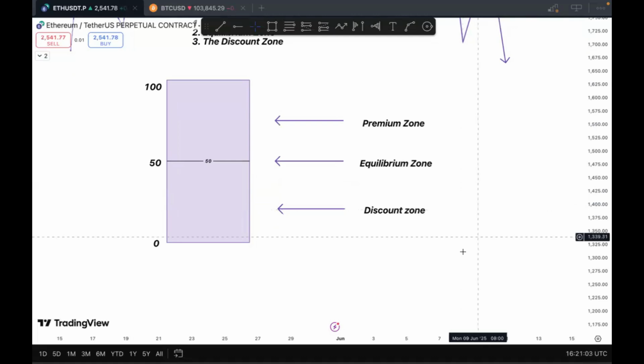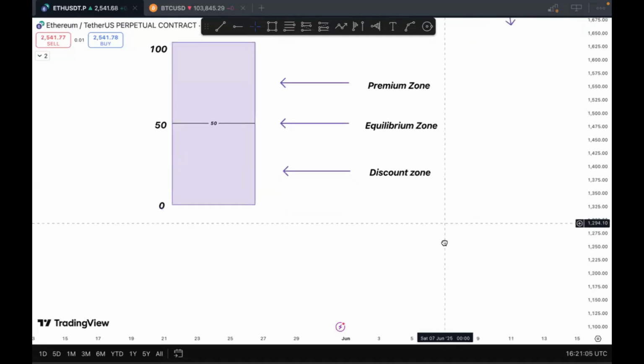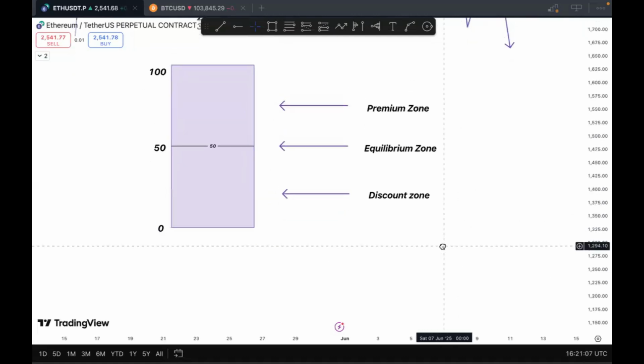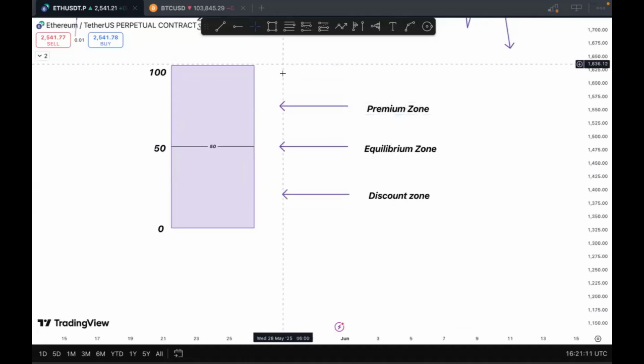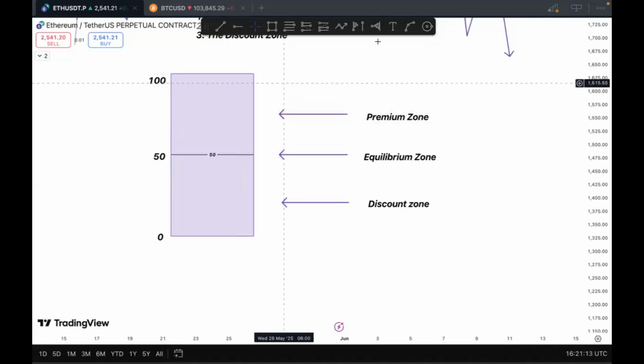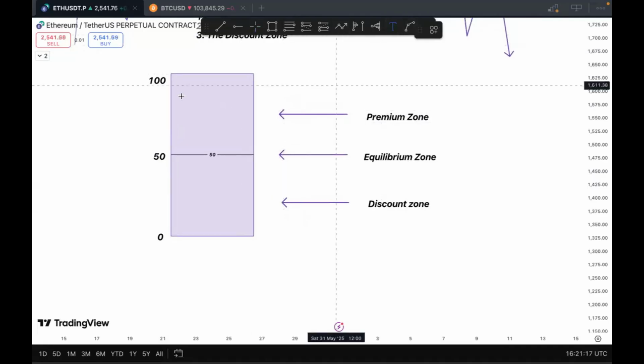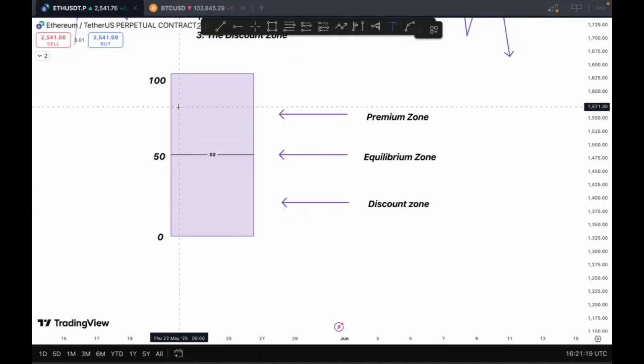So now let's talk about the premium zone. On the premium zone, we sell. So this is a sell zone. We don't buy at the premium zone. We sell here.